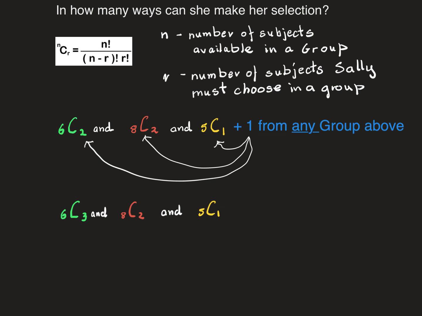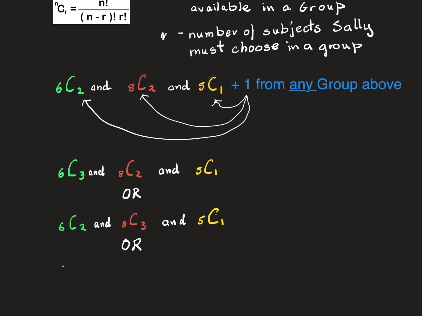But it may be that she does it in a different way. Maybe she does the required 2 subjects in group A and increases her subjects in group B, so that way she'll do 3 subjects in group B out of the 8, and also 1 subject from group C. This means that she could also do 2 subjects in group A and keep on doing just 2 subjects in group B, but this time she increases her subjects to 2 subjects in group C. So out of the 5, she'll have 2.